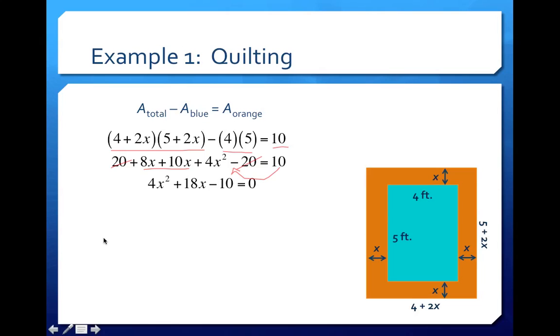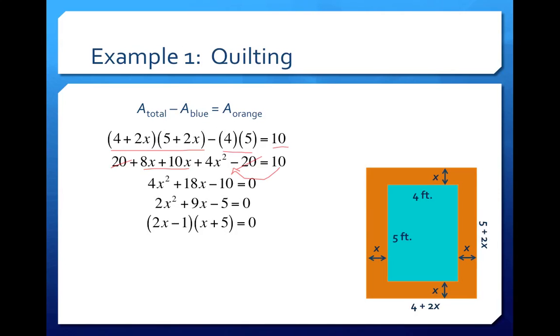Now in this case, I do notice that 4x squared, 18x, and 10 all seem to have a common factor of 2. So I am going to make my life a little easier by dividing that 2 out. So I'm looking now at 2x squared plus 9x minus 5. Now I noticed that I can actually factor this.